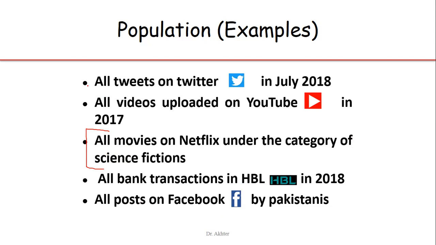These examples can act as a sample if we are dealing with a larger set. Suppose all posts on Facebook is the population, and all posts on Facebook by Pakistanis may be a sample. Sample and population are a perspective of the researcher.